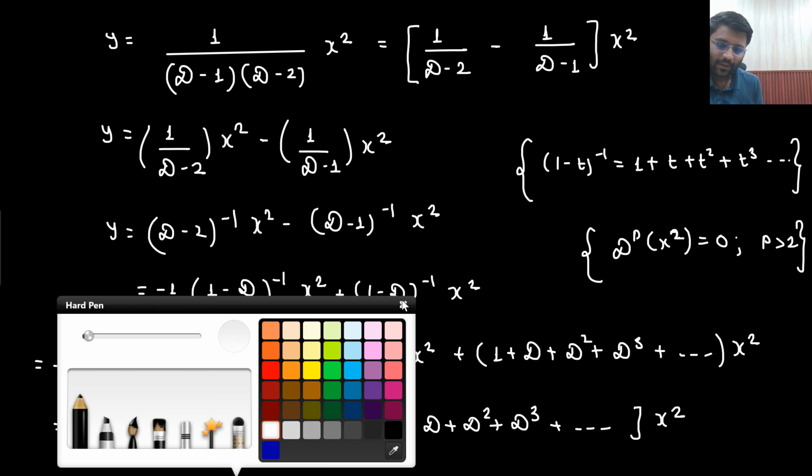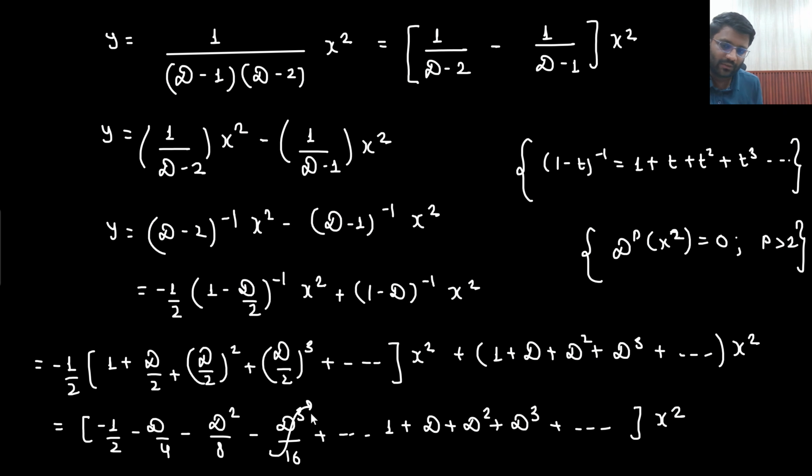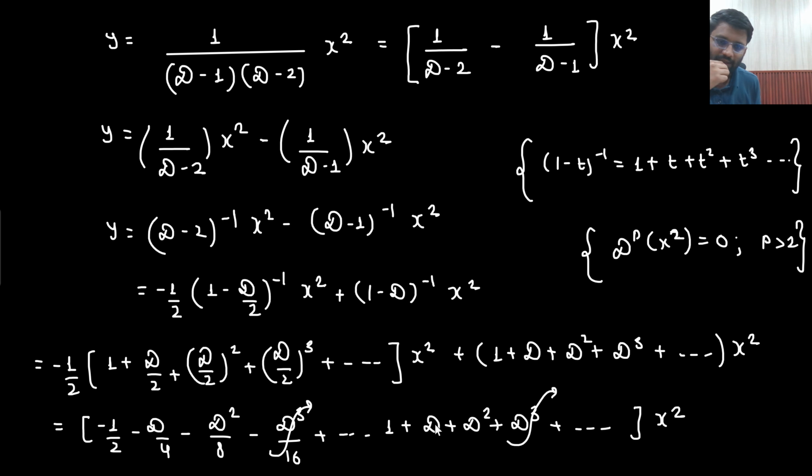Now you can see one thing, that this I don't need to write down. This will also result in 0. Now I know that 1 minus 1 by 2 will give you 1 by 2. Then d minus d by 4 will give you 3d by 4.